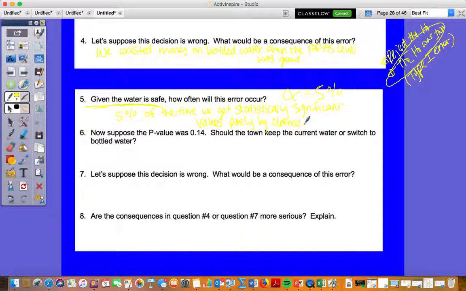Okay? Wait, how is the alpha level determined? It's given to you. Great question. Traditionally, if it's not given, 5%, 0.05. So the probability a type 1 error will occur is equal to whatever my alpha level percentage is, okay?